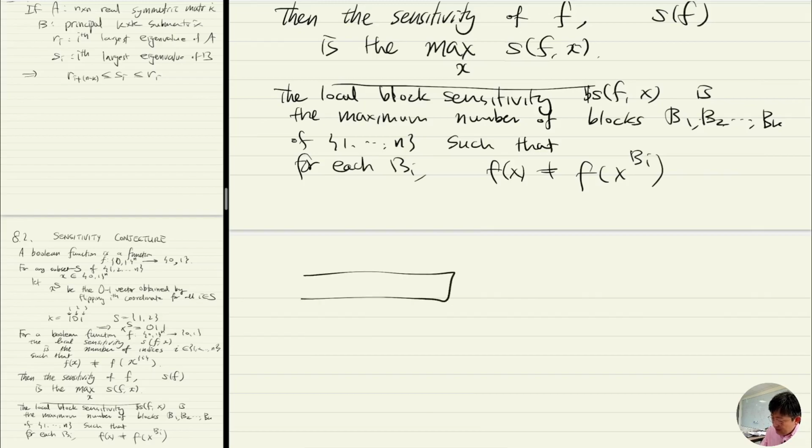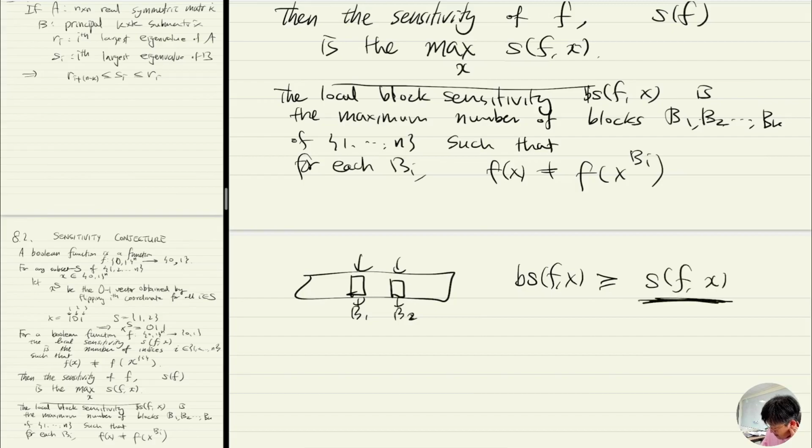So this means that the local block sensitivity of f at x is always greater than or equal to the local sensitivity at x. If you have many places whose flip changes the output, then you can put each of them as a block.